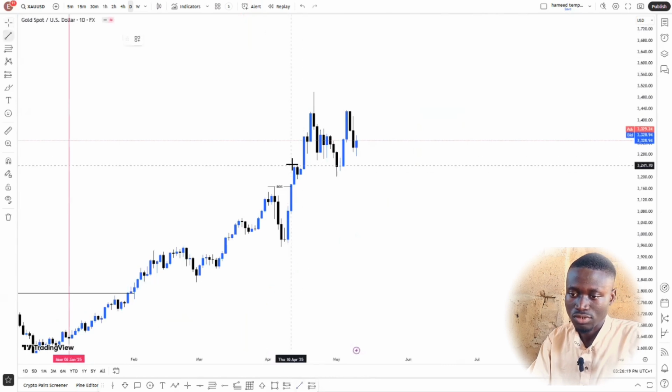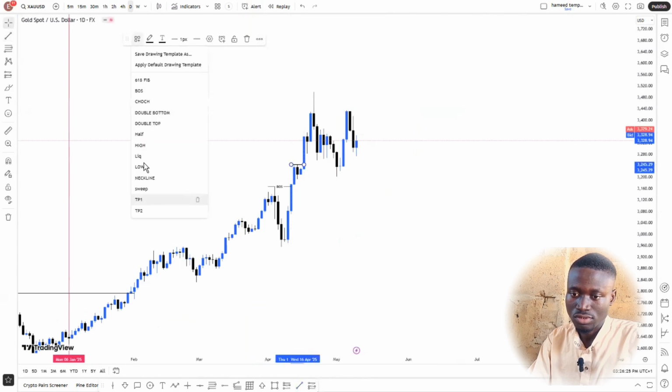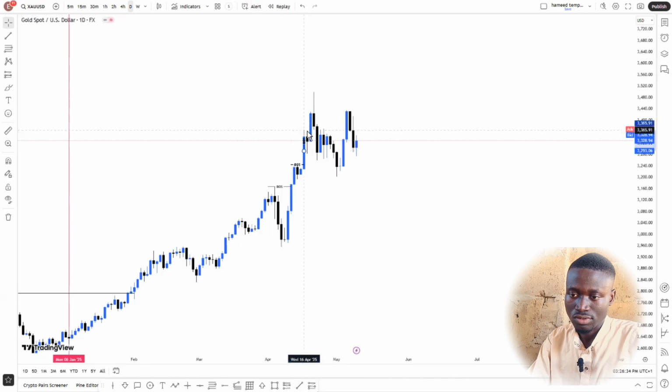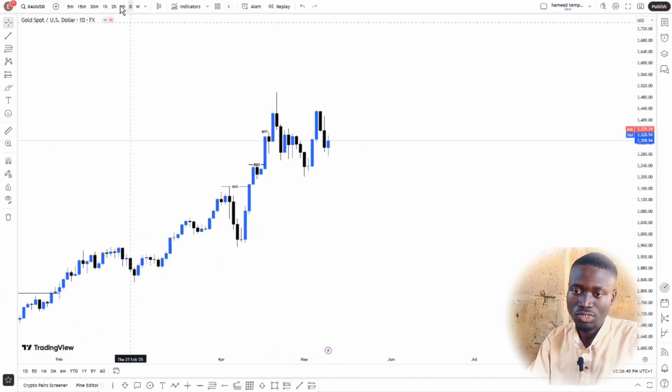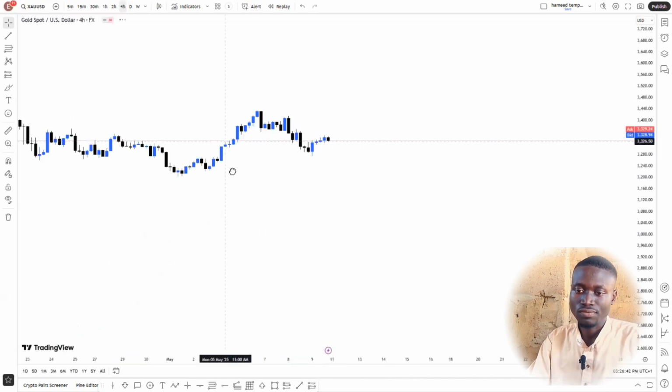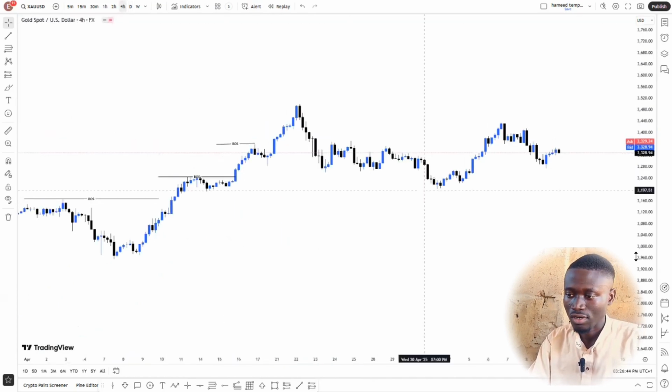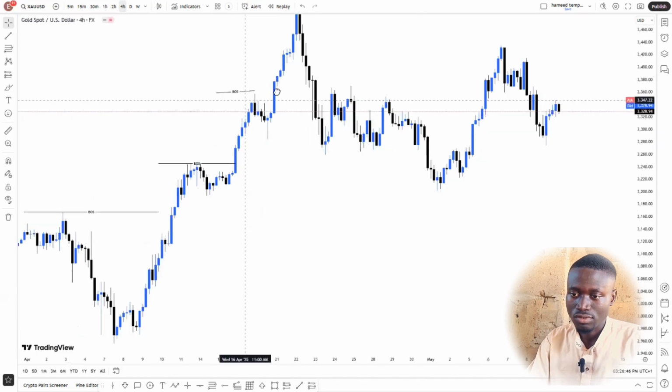There's another break of structure, then there is one here as well. Let's go to a smaller time frame so we can see. Let's go to the 4 hour. On the 4 hour, we can clearly see this one here.